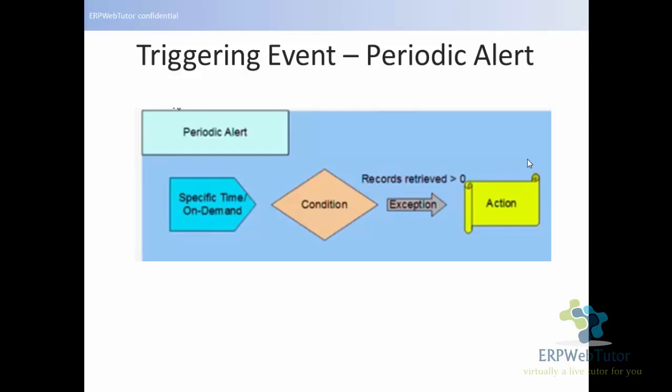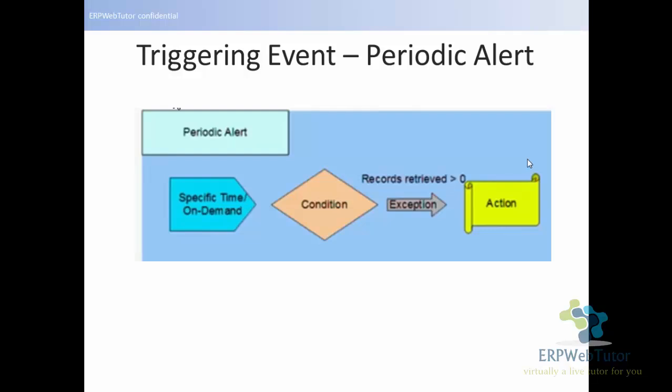All those kinds of schedules you can set. So it's basically a time-based alert. You can also run this on demand. Let's say the alert is supposed to check every morning, but you can always run it on demand, anytime during the day if you need to.